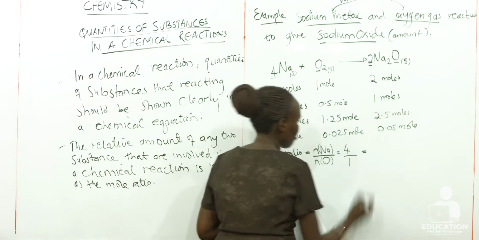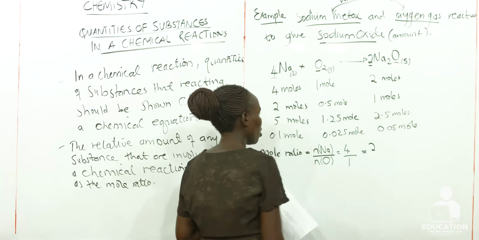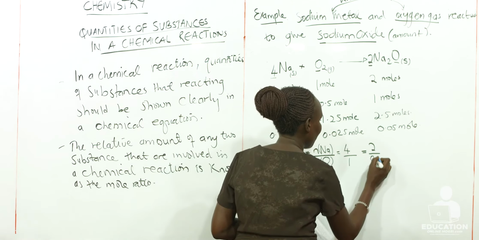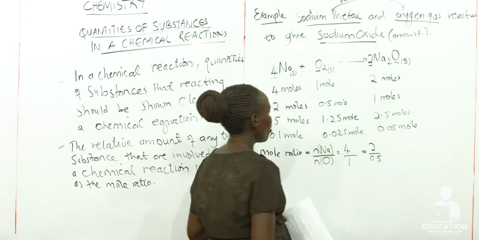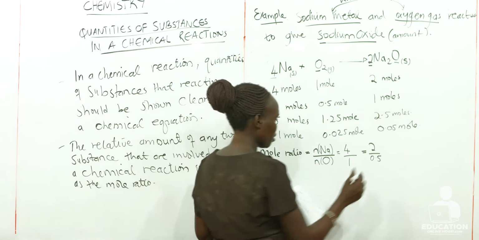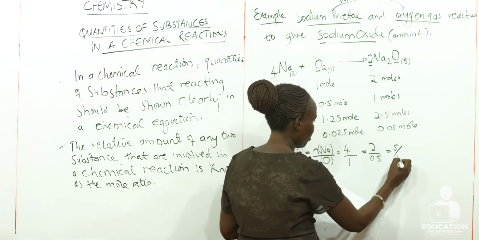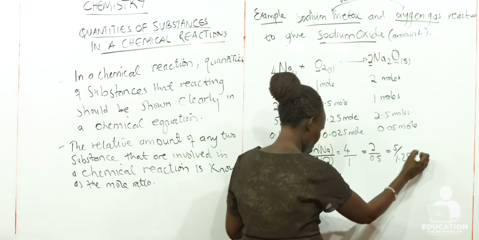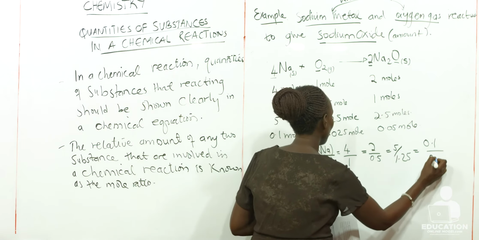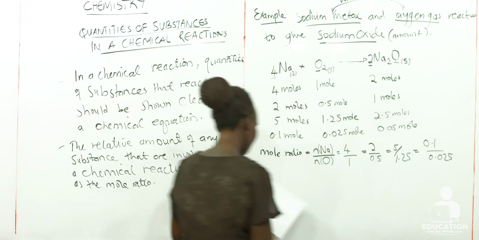This is the same as 2 moles of sodium and 0.5 moles of oxygen, which is also the same as 5 moles over 1.25, which is also the same as 0.1 over 0.025.